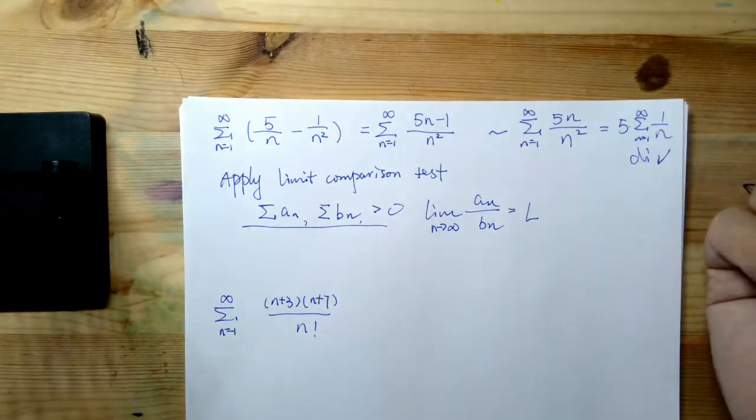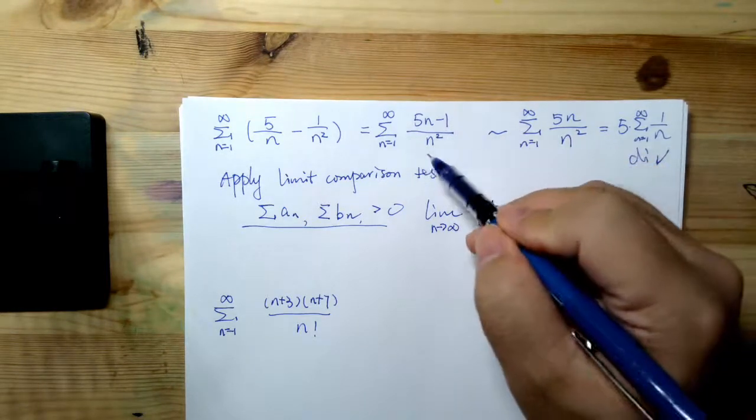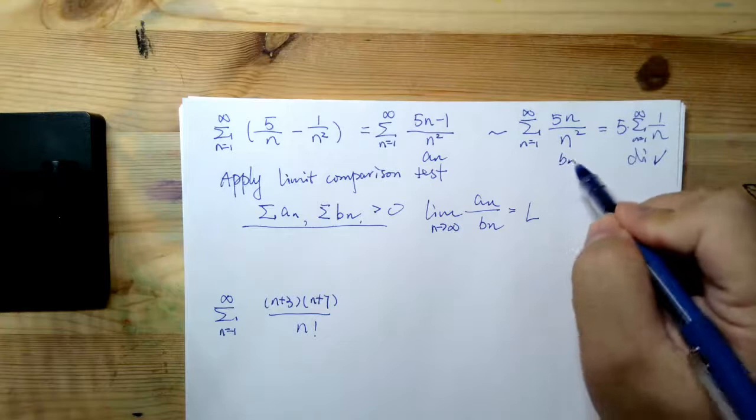So in our problem here, this is our a_n, this is our b_n.